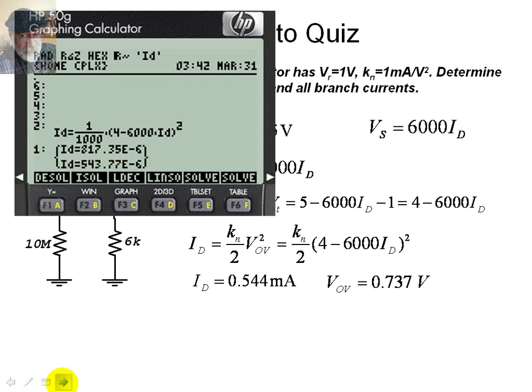If you use that to compute the overdrive voltage with this formula, the overdrive voltage will be 4 minus 6,000 times that current, that is 0.737 volts. And you proceed to compute VDS. With VDS and the overdrive voltage, you say, VDS is above the overdrive voltage, so indeed the transistor is in saturation and my computation is a valid one.